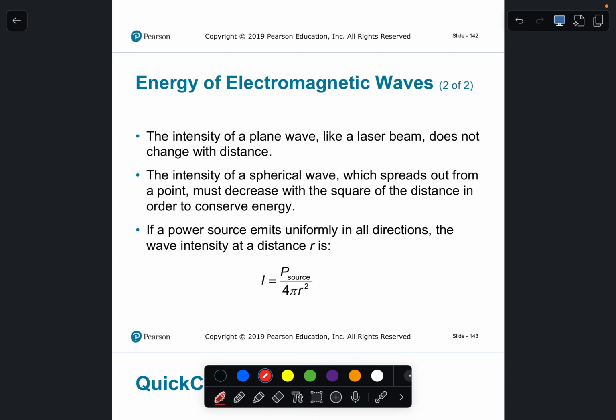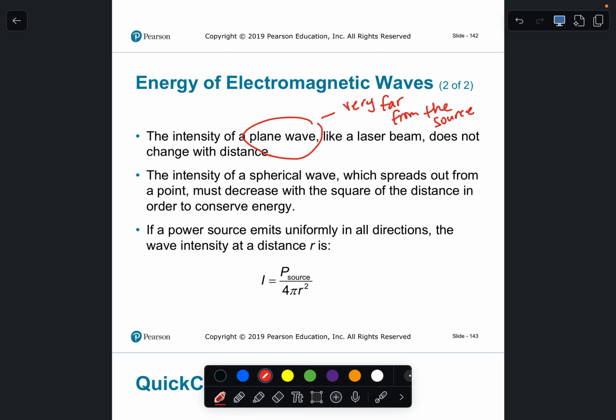So when do you use a plane wave? You use the electromagnetic field as a plane wave when you are very far from the source of the wave. That's when it acts like a plane wave.